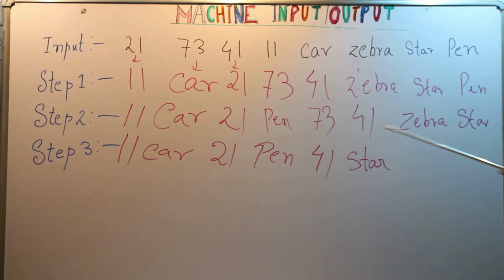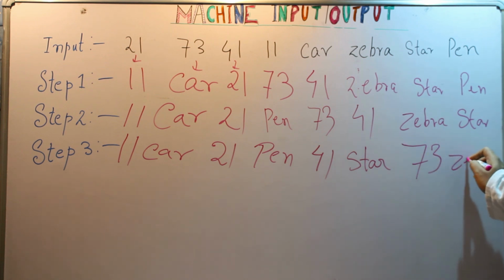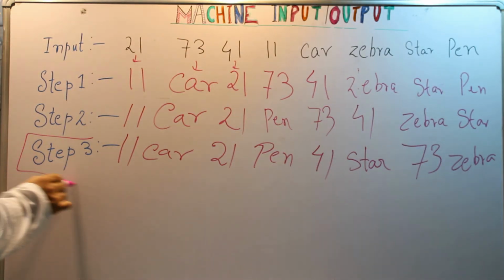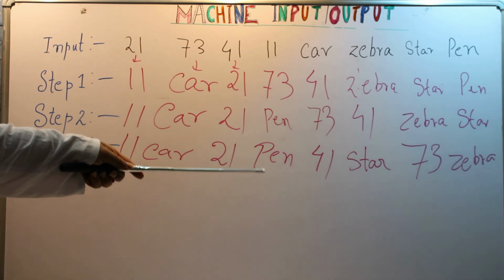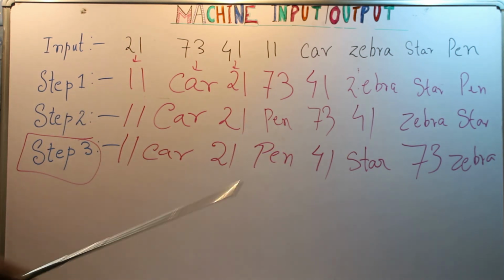So 73 and zebra. So this is the output: 11 car, 21 pen, 41 star, 73 zebra. This is the output.